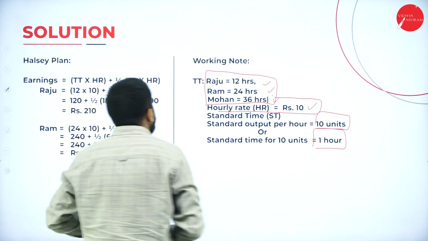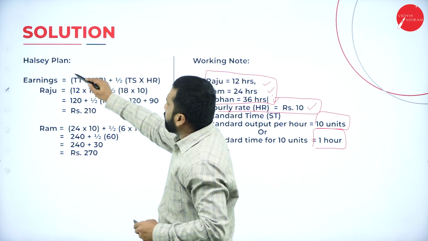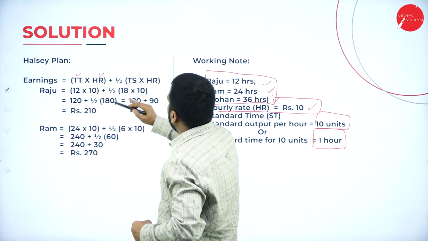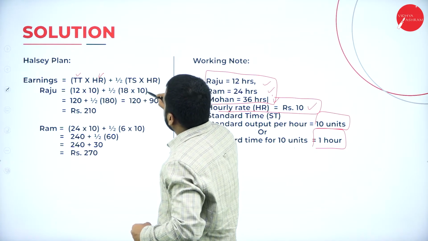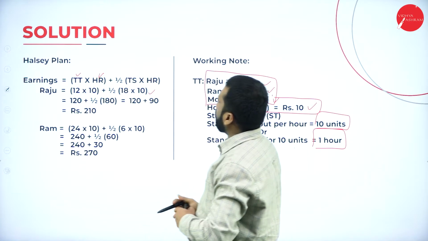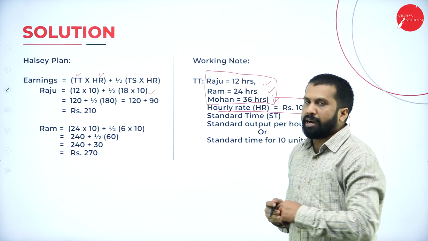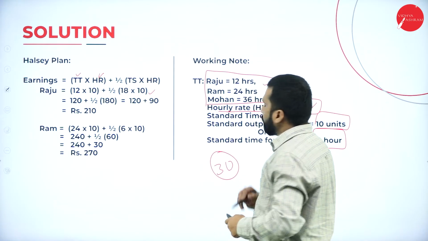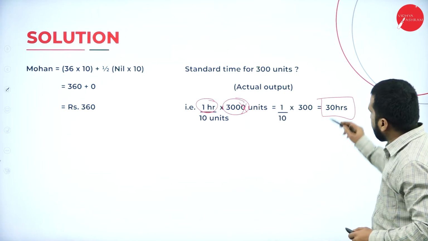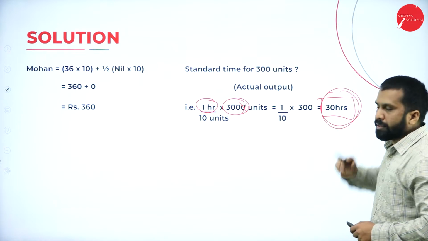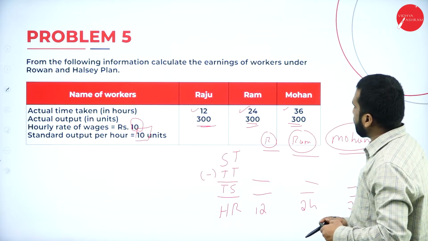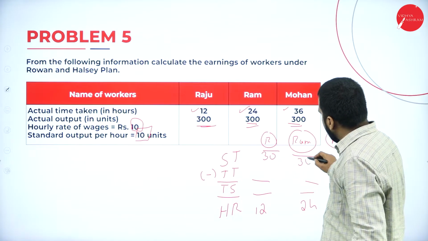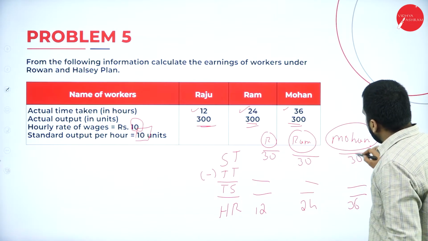Now, in this, your time taken is 12, hourly rate is 10. How will you get your time saved? I'll show you. You got standard time of 30 hours, 30 hours, 30 hours.